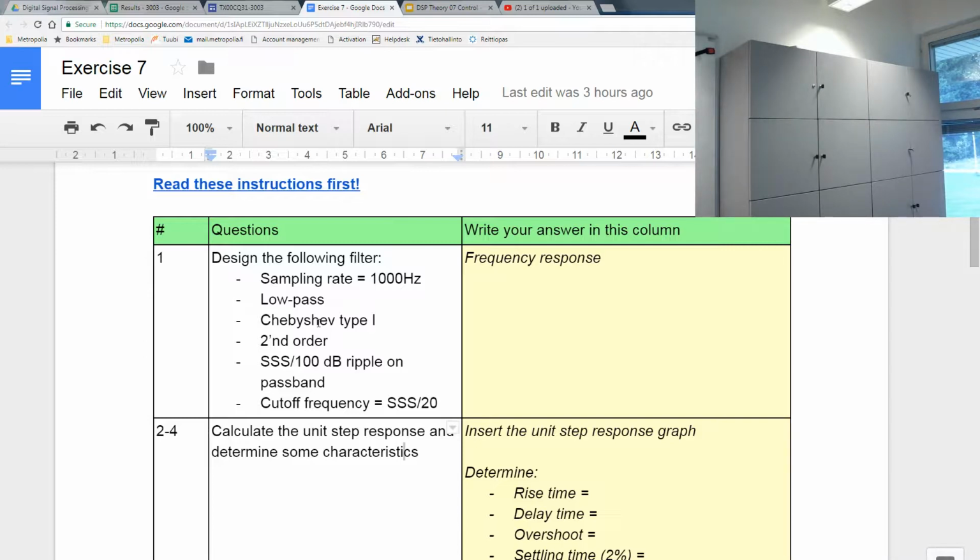So for quite obvious reason, Chebyshev second order Z-plane looks more or less like that. And basically these here define the behavior.